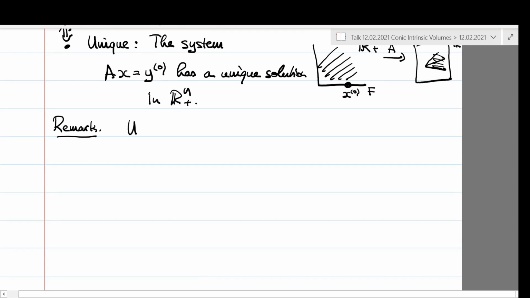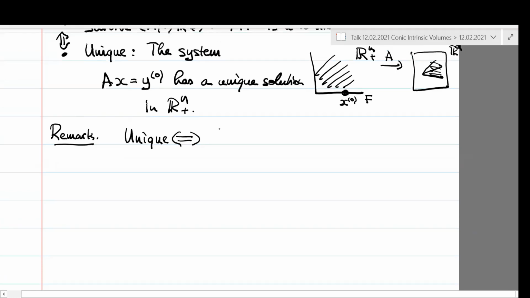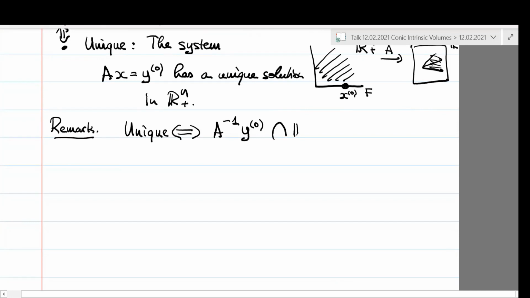So the second condition, the uniqueness, is also equivalent to the following condition. We take the pre-image of the vector y0, which is an affine subspace of Rn, and we want to intersect it with the positive orthant, and we want that it is just one point, x0.